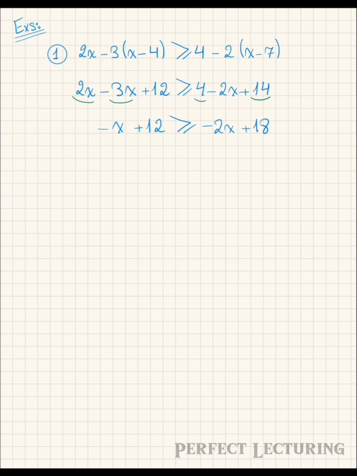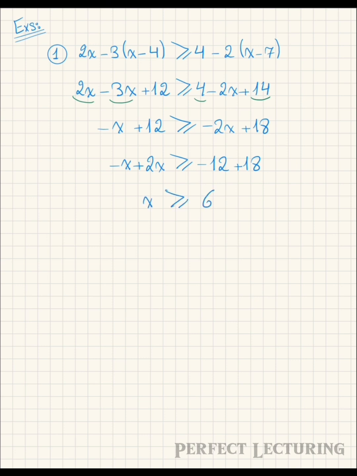Now we group all the x's on one side and all the numbers on the other side. So minus x plus 2x is greater or equal to negative 12 plus 18. And finally, we get x is greater or equal to 6.